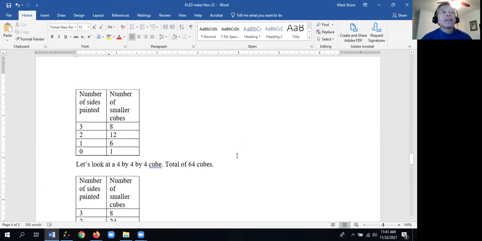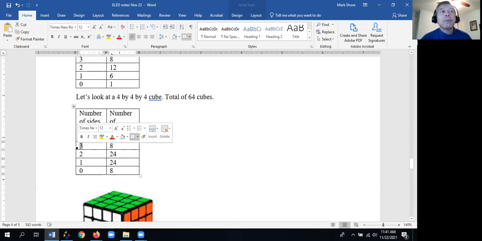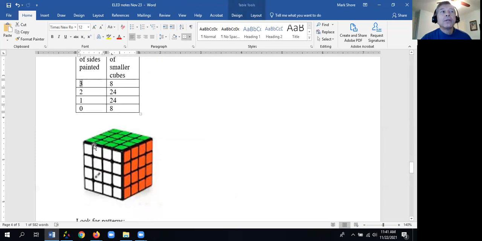So now let's look at the 4x4. Now I have a 4x4 here too to help point these out, but it's still very hard to see this. So let's go with the number of sides painted. 3 sides painted. How many of these cubes on a 4x4x4 have 3 sides painted?